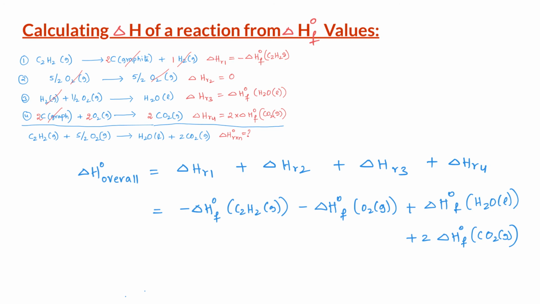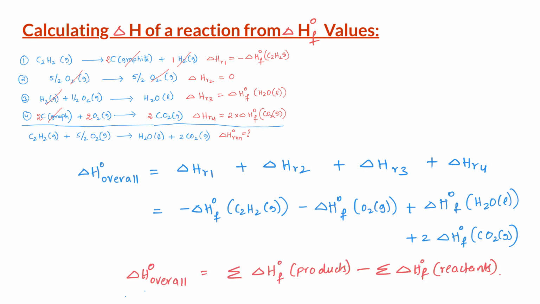I can simplify this and express it as: delta H naught of this reaction is equal to the summation of delta H naught F of all the products minus the summation of delta H naught F of all the reactants, where the products are water and carbon dioxide and the reactants are C2H2 and oxygen.